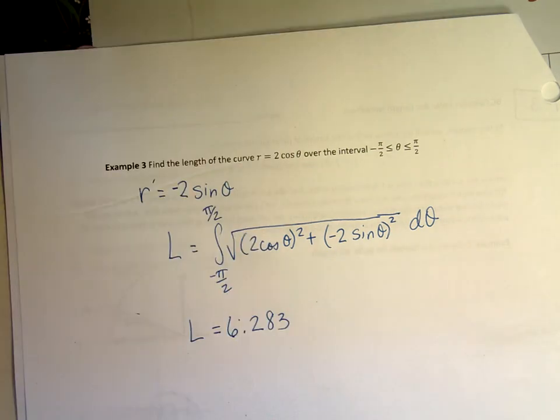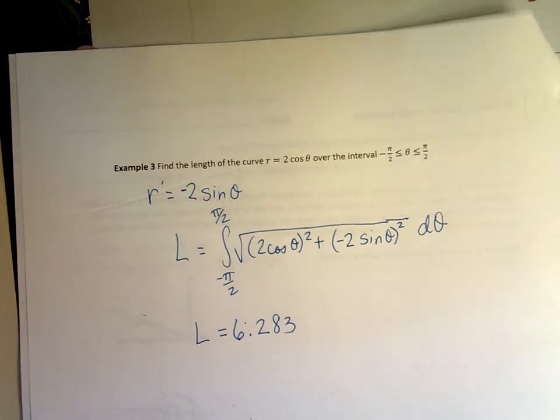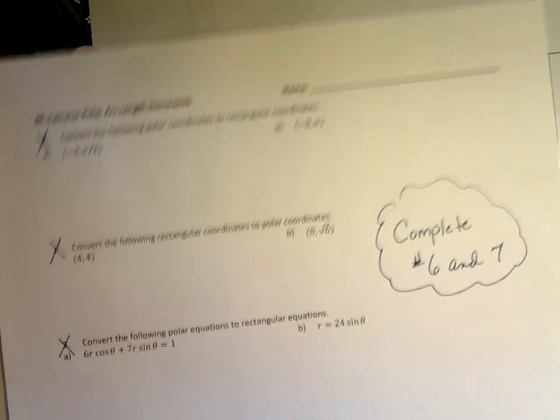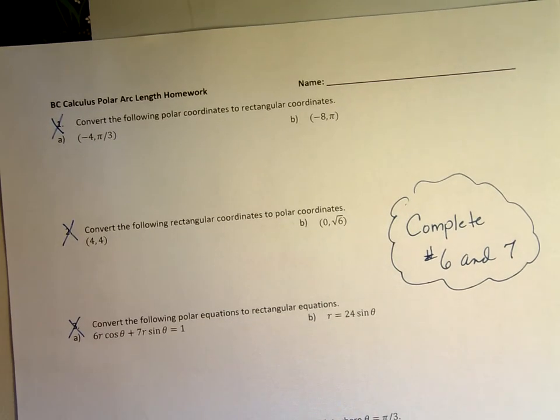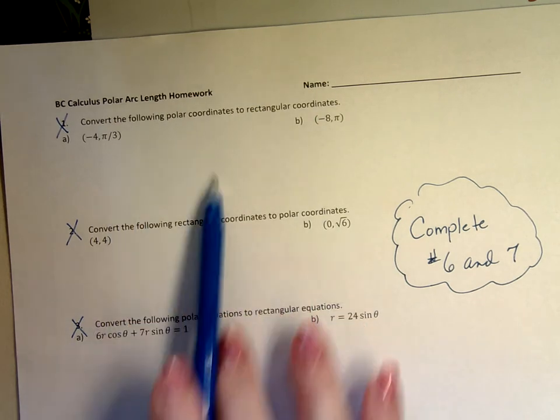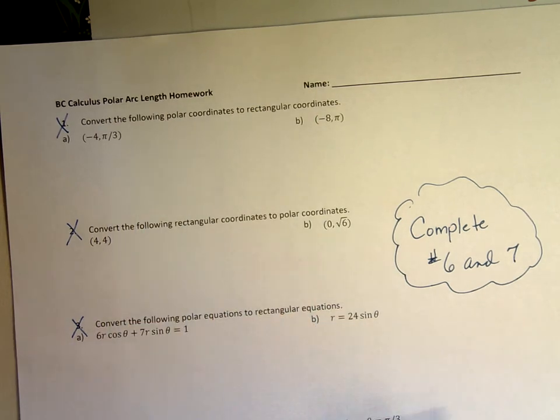There's really not that much more to it. How many more examples do you want? So let me show you what happens with the homework. For this one, you are not doing anything on this front page. You can if you want, and I did include the answers, but these go back and review things we learned about with polars and rectangular coordinates, converting between the two, finding slopes.